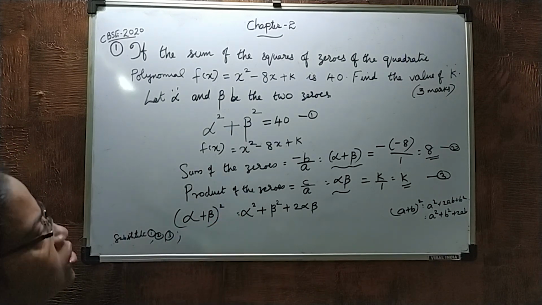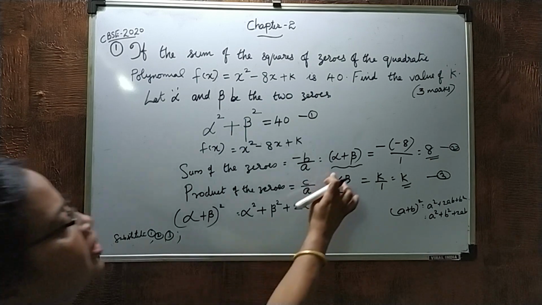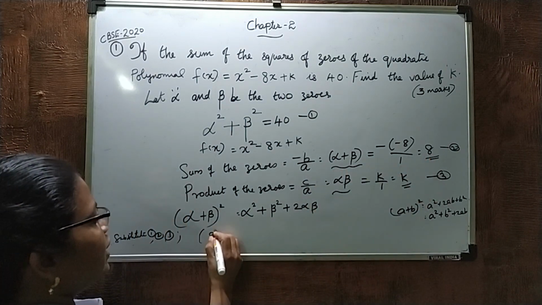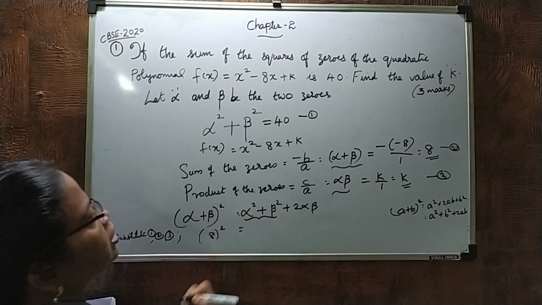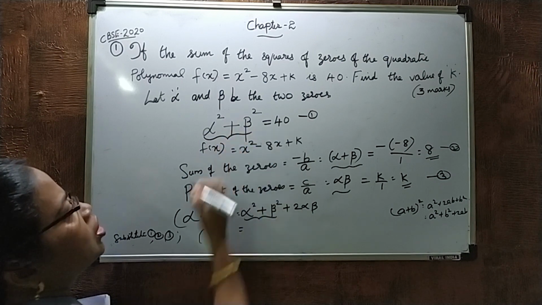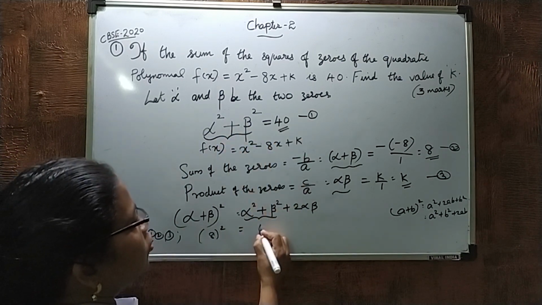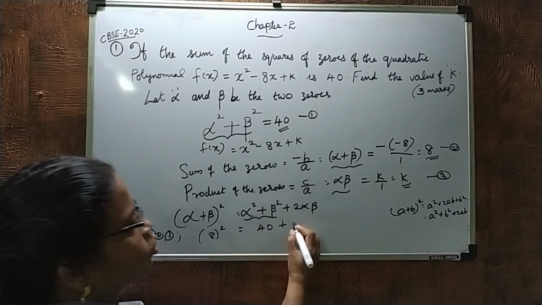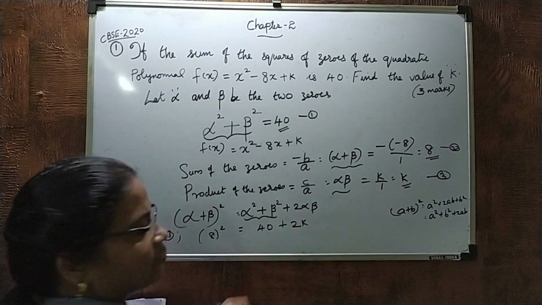Alpha plus beta the whole square, that means 8 square, equals alpha square plus beta square, which is 40, plus 2 into alpha beta, which is k.